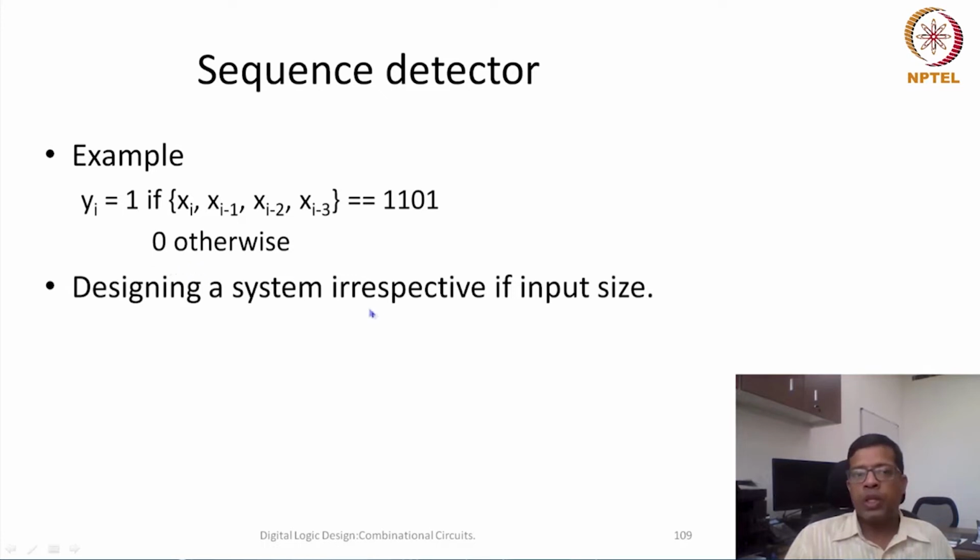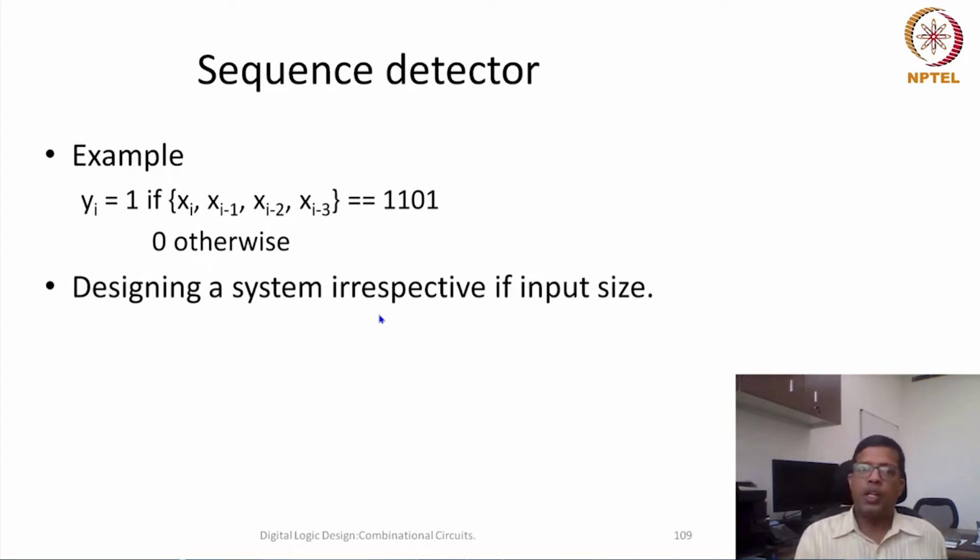If it is not matching this, then the output would be 0. If I want to design this system irrespective of input size, I can again use iterative design. I can think of a design in such a way that whatever the input size, this method will always work.